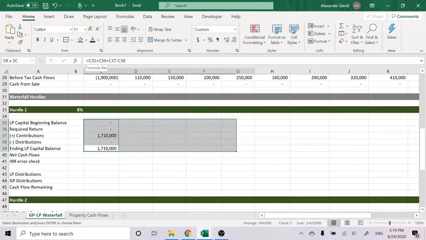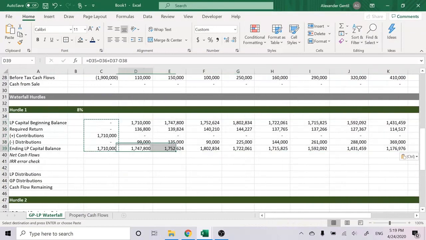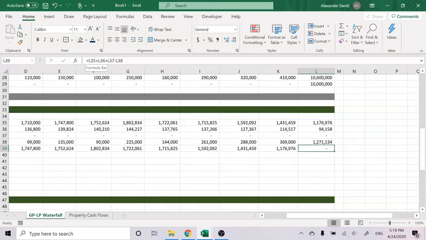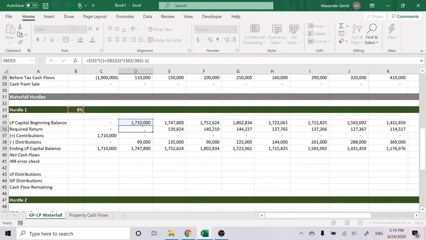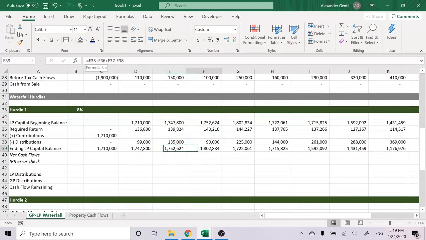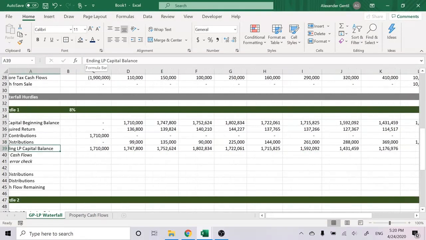So as I drag this over, that account should be zeroed out. Okay. Alright, yeah, it's zeroed out. Alright.